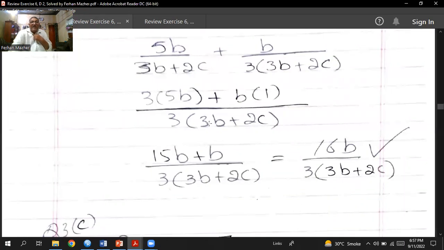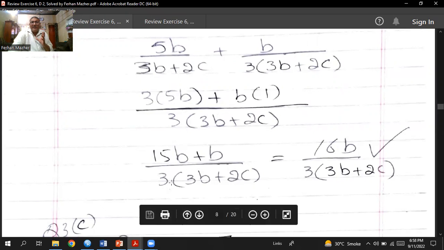bracket close. When I divide this with this denominator, this will be cancelled. Only 3 is left. That will multiply with this numerator. And so 3 bracket 5b bracket close plus, divide this LCM with this denominator. You are left with the 1. So b into 1. It will be 15b plus b divided by 3 bracket 3b plus 2c.